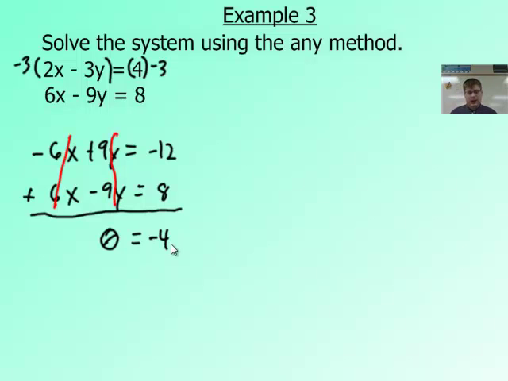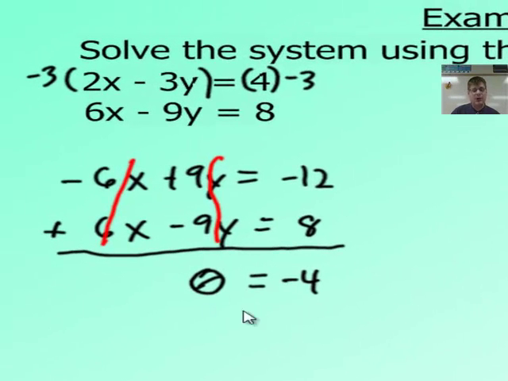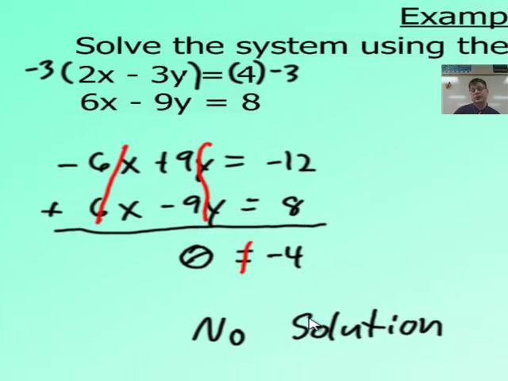No more variables. So what does this mean? Well, I need to look at what I'm left with. It says 0 is equal to -4. Well, that is clearly not true. 0 is not equal to -4. So because we're left with a false statement, that means there is no solution.